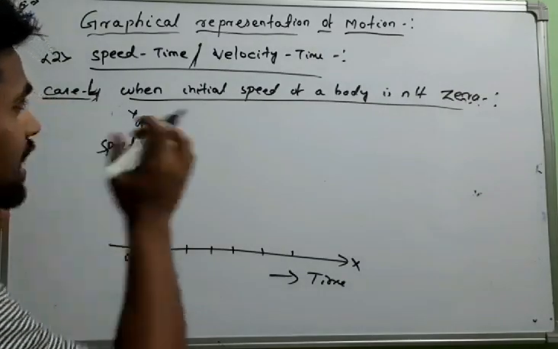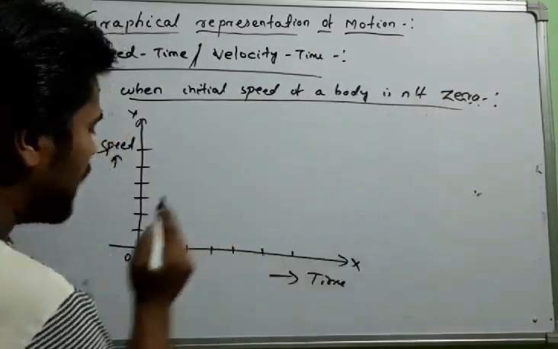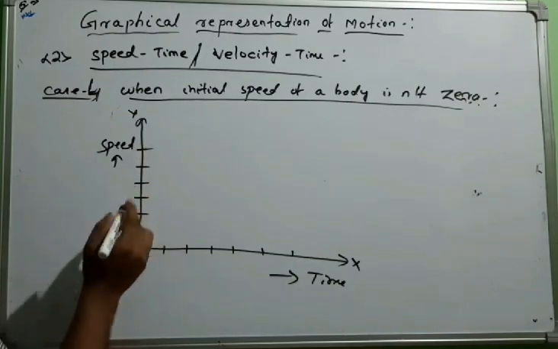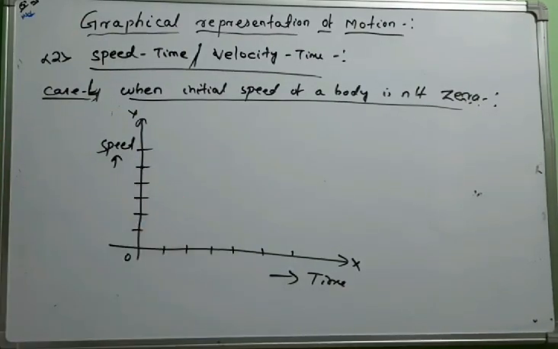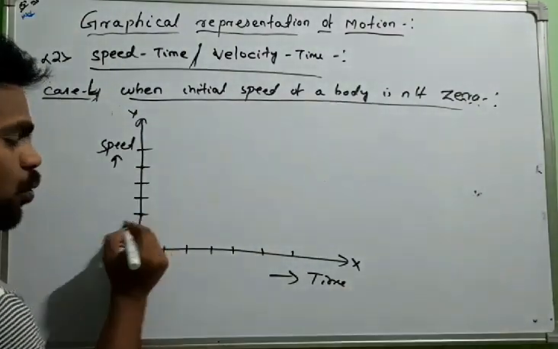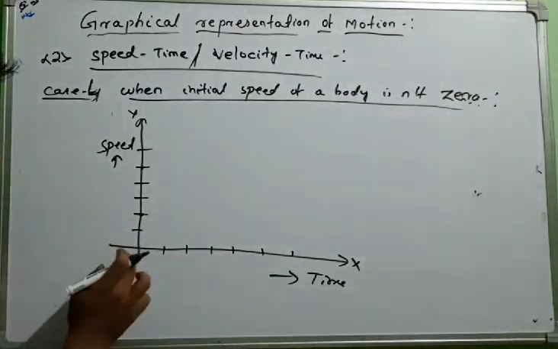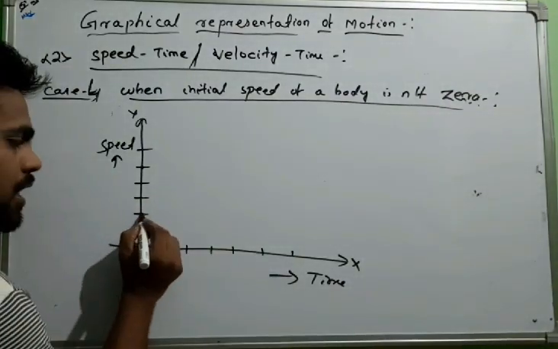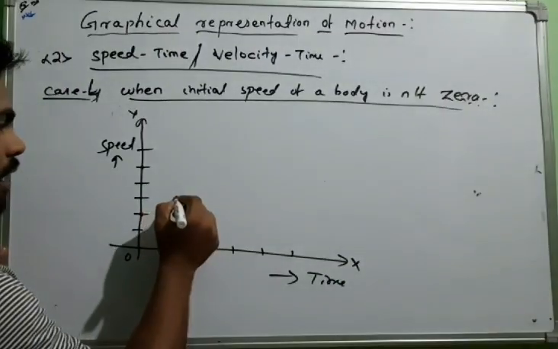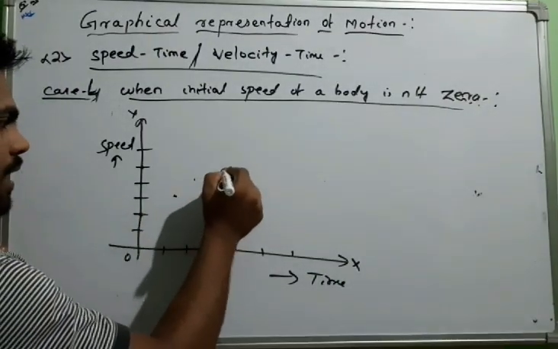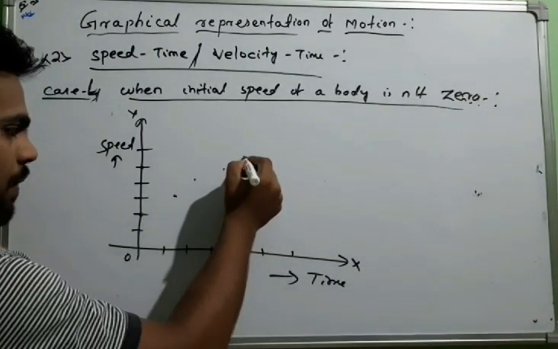That means speed is not 0 at the initial time. If I take the initial speed as 2 meter per second at 0 second, then speed is increasing like this. Now I'll make the graph.